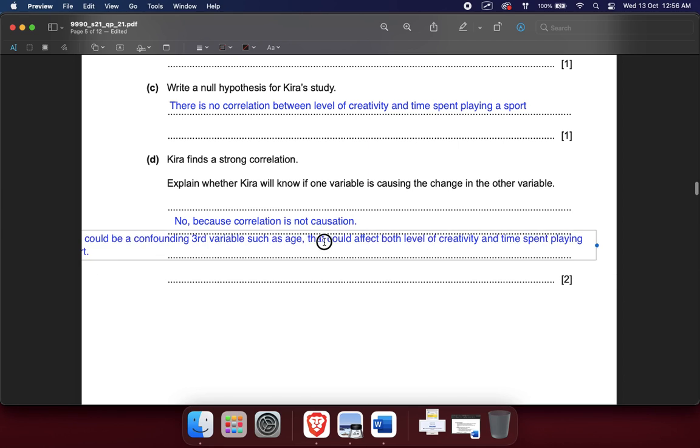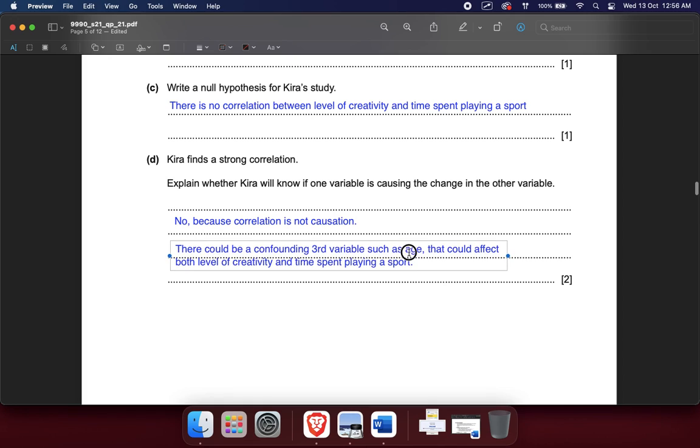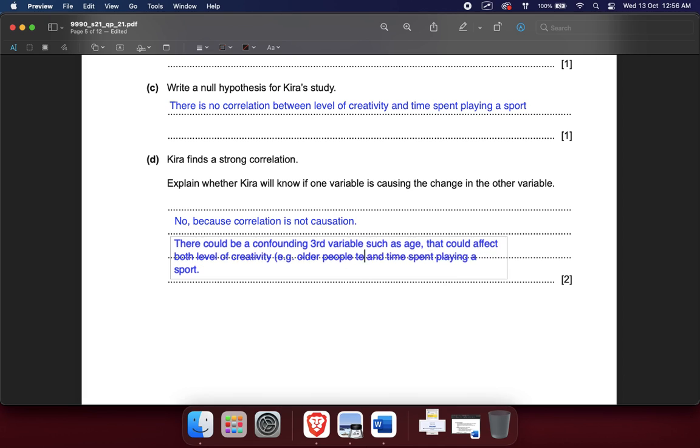Okay, so how can I make this a bit better? I'm not very happy with the answer. Let me think. Okay, I might add something like e.g. older people tend to be less open.